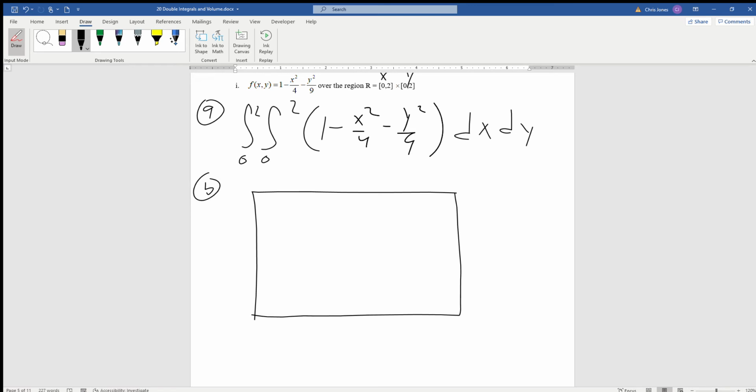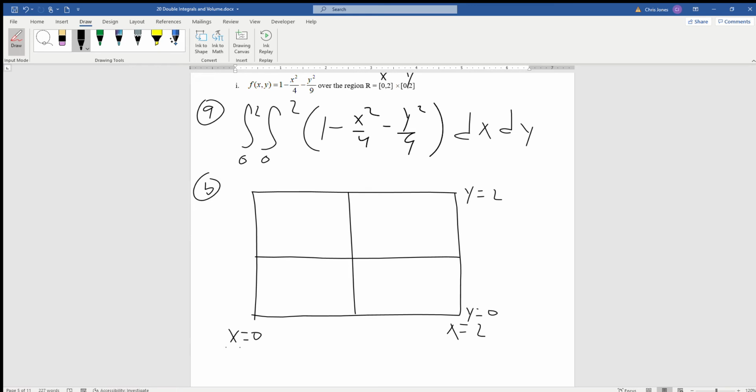And we want to break this up into different sections. So we have x at 0 here, and then x goes to 2. Y starts at 0, and then y goes to 2. And so what we're going to do is break this up into m equals 2 rectangles, and this time, instead of just rectangles that are 2-dimensional, we're going to have 3-dimensional rectangles.